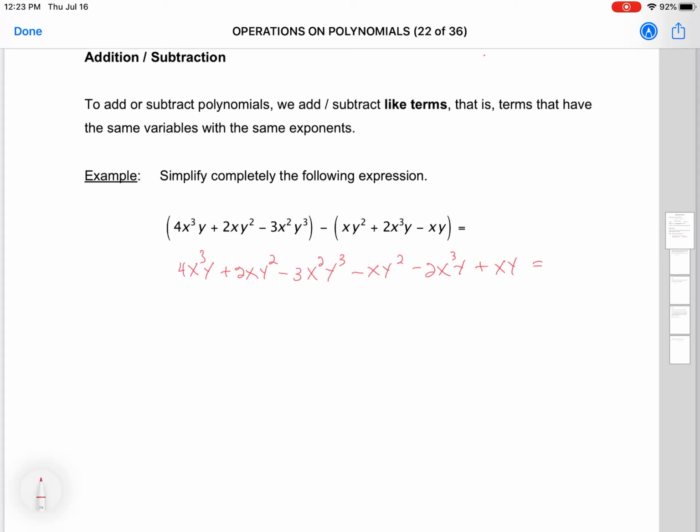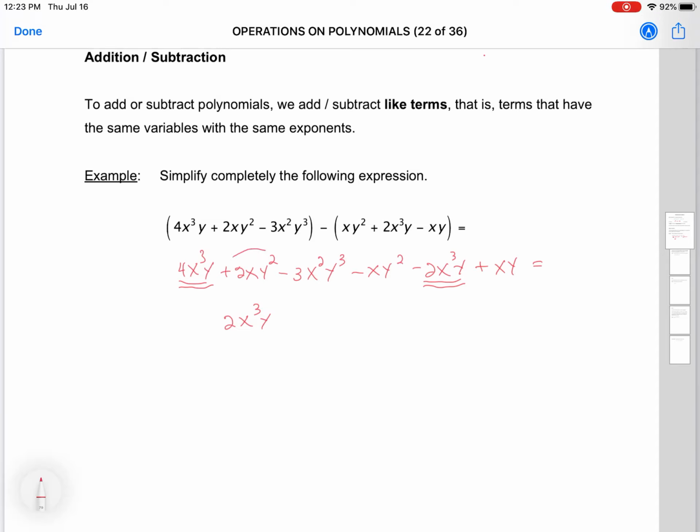Now to simplify this, we look for like terms. Are there any other x^3y terms in this expression? And yes, there are. So these two are like terms because it's the same variable affected by the same power. So 4 minus 2 is simply 2x^3y.